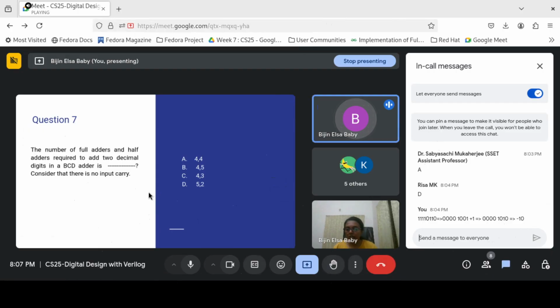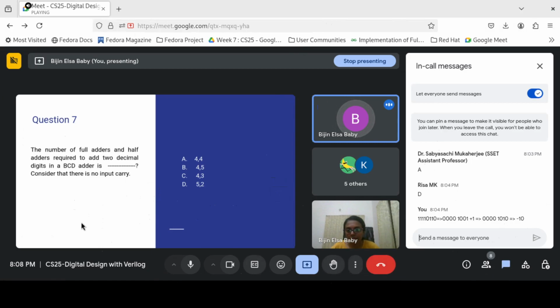How many full adders and half adders are required to implement the BCD adder? For constructing the BCD adder from a binary adder, the result of the binary adder will be added with 6.